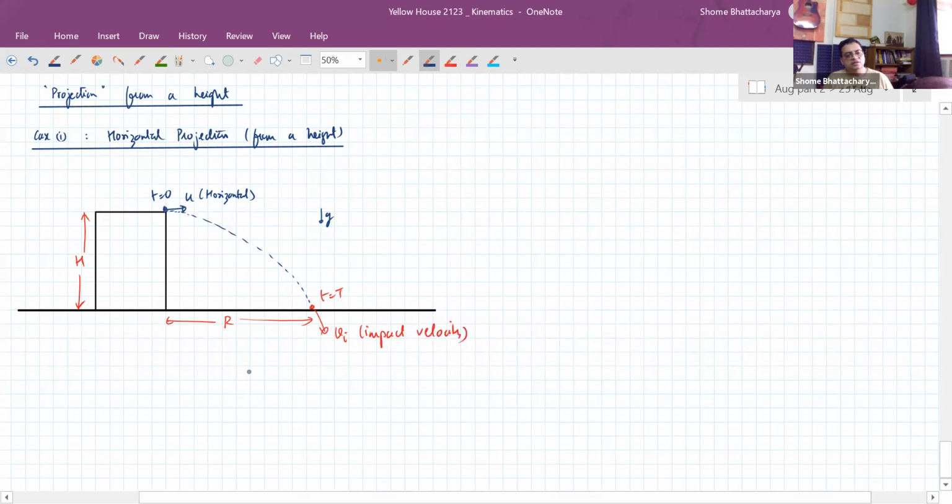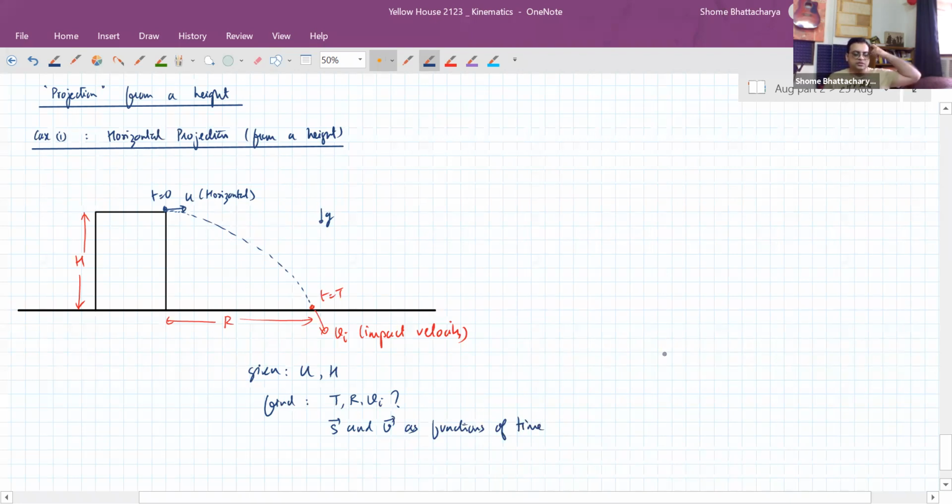So the idea is that given the value of u and H, you want to find capital T, R, and impact speed. And in general, the displacement and velocity as functions of time. So this is what we understand about this case.